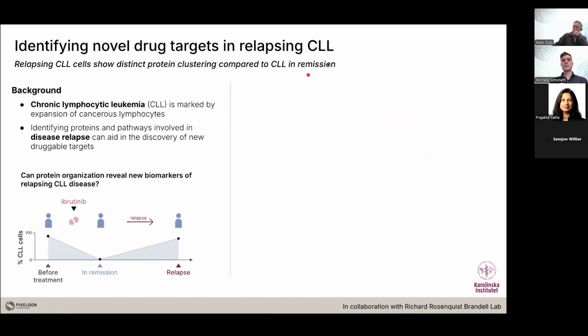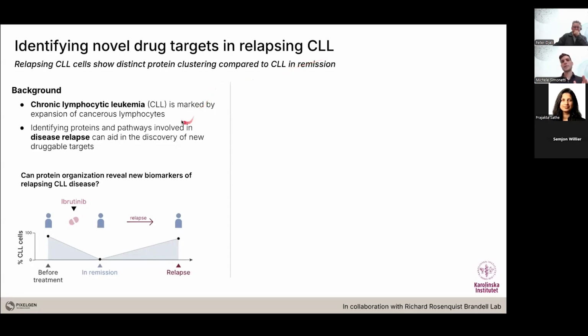So in another part of the study, actually, we wanted to see if the method can be used to identify novel drug targets in relapsing CLL. And actually, what are the differences in the protein clustering in the relapsing CLL cells compared to the CLL in remission?